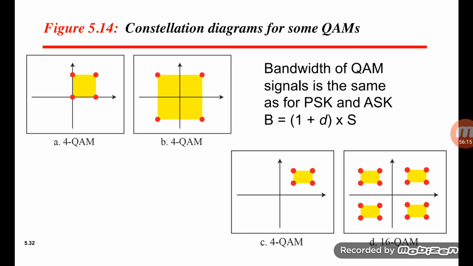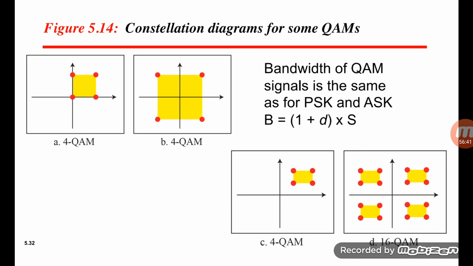Because in ASK only the amplitude changes. In PSK only the phase changes. But in this case, both are changing. This is another example. It's a kind of a square, right? So here as well, although the amplitude is pretty much the same. Let's take another example. See this one.